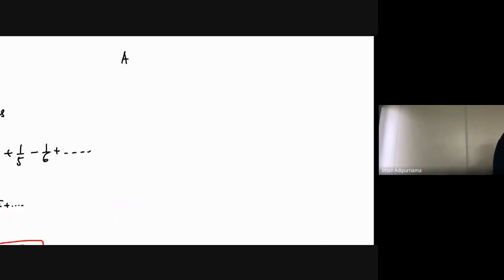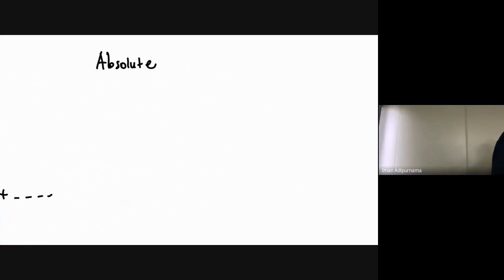So right here, absolute convergence and conditional convergence.